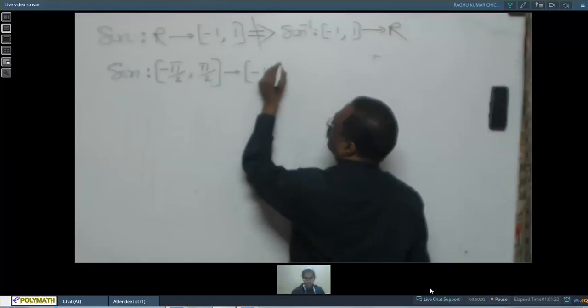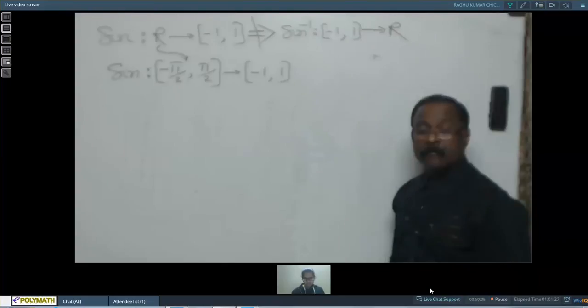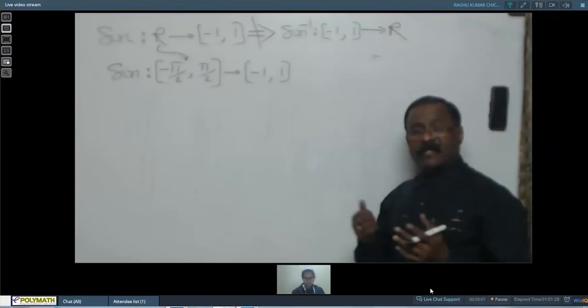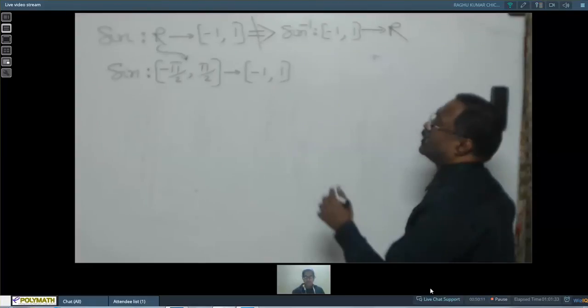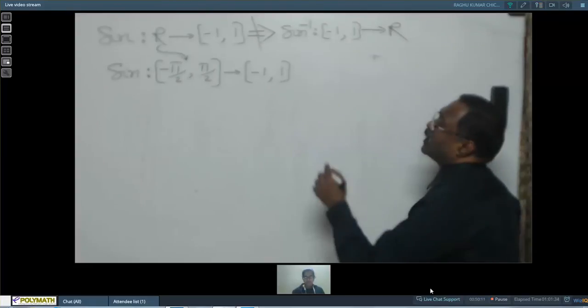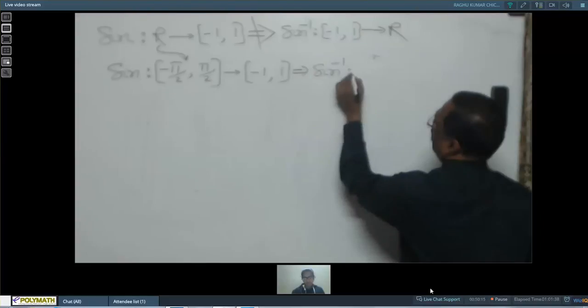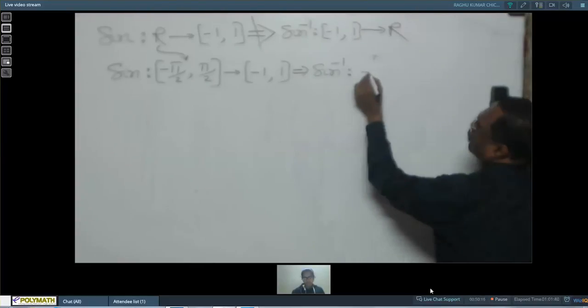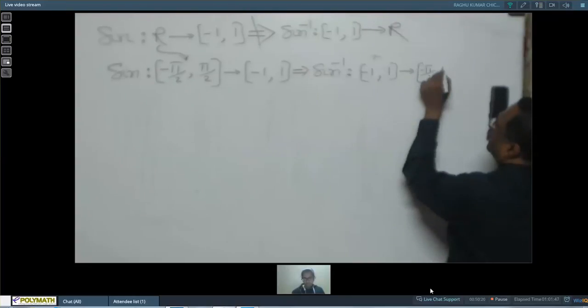That is, this is restricted like this. If it is not restricted, the inverse won't exist. Then the inverse is defined. Come on, tell me now. Sine inverse of what? Minus 1 to 1, and minus pi by 2 comma plus pi by 2.